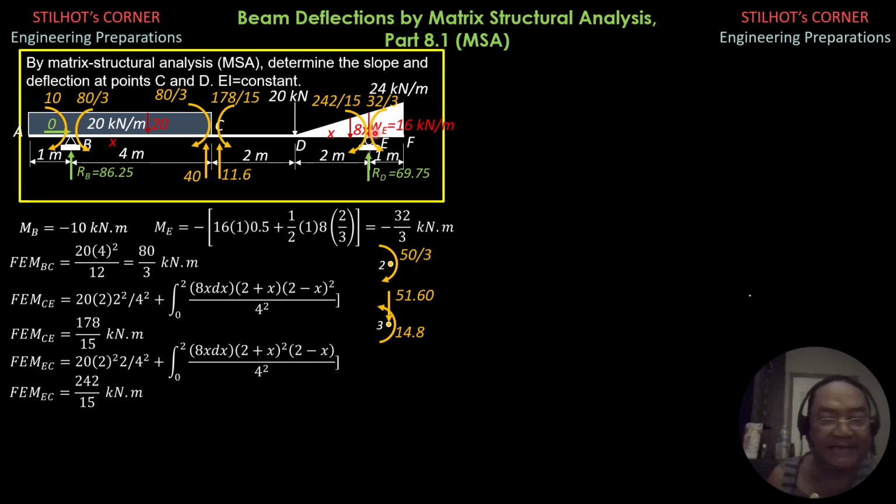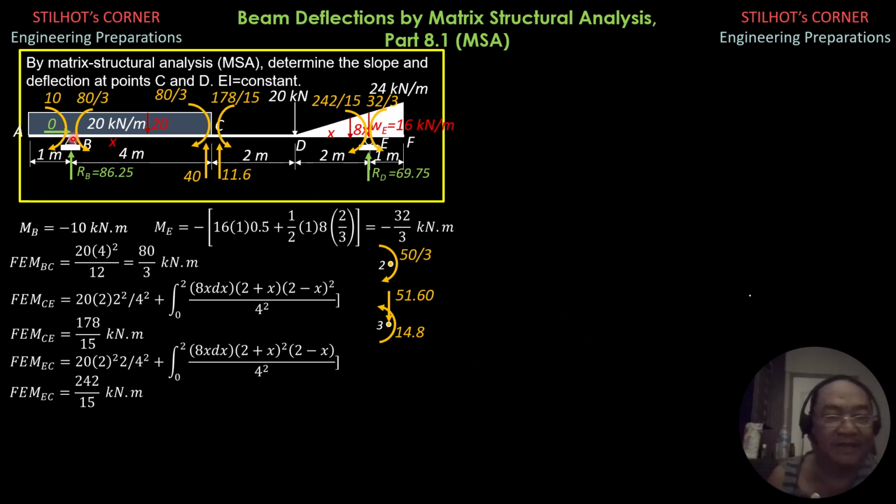Then at E, which is marked 5, with numbering 1, 2, 3, 4, 5, the loading is just moment, just like at B, because it is a support. So the force does not matter.